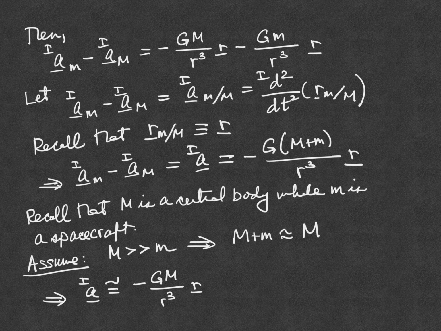And we're actually going to use this approximation in the remainder of this material. Now we're going to make a substitution here, and we're going to use that substitution to make this equation look a little bit cleaner than what it is right now. So we have the acceleration of the spacecraft relative to the planet is equal to minus GM all divided by r cubed times r.